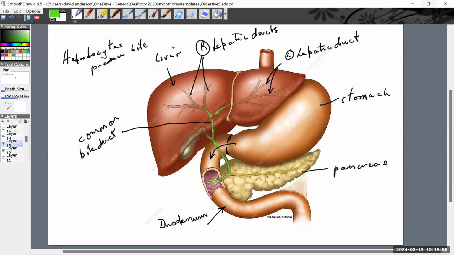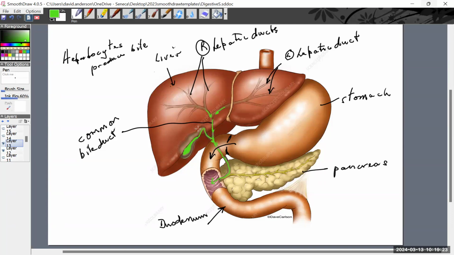So when the small intestine is exposed to food, a couple of hormones are released that stimulate the gallbladder to contract, and the gallbladder stores bile. We can see that the gallbladder is partially obstructed in this view by the liver. But the idea here is that bile that was stored in the gallbladder is going to be delivered.